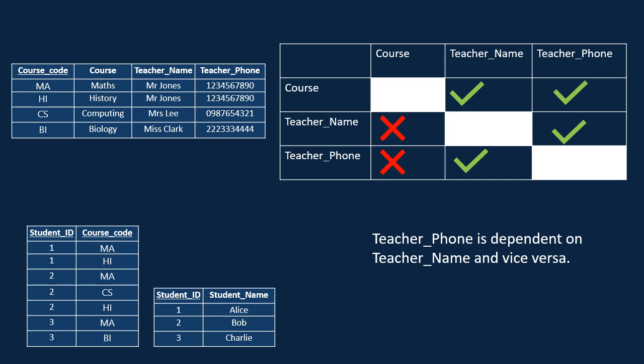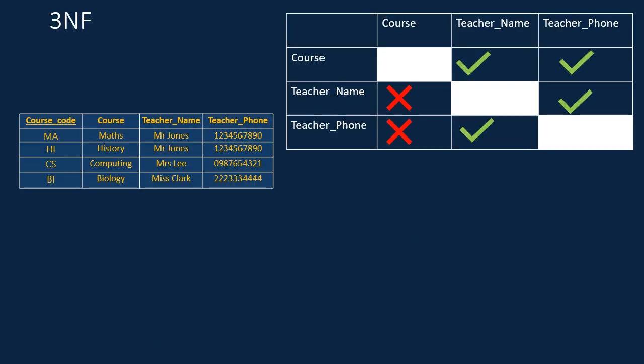For the final dependency, looking at teacher phone and teacher name, we see that it's dependent in both directions. In this context, a teacher only has one phone and a phone is only associated with one teacher. So in this case, we have a two-way dependency.